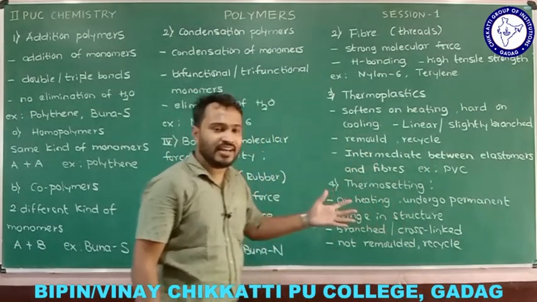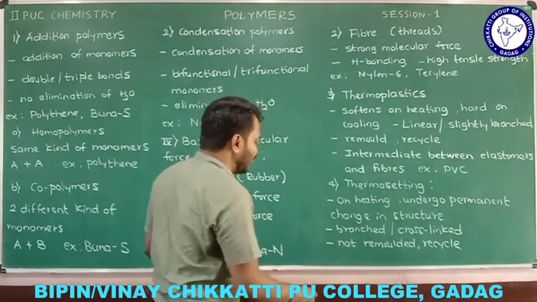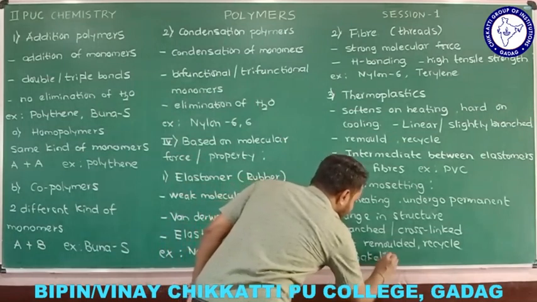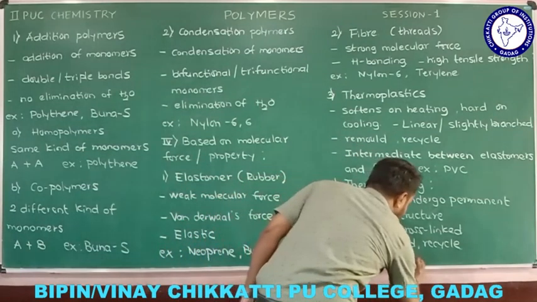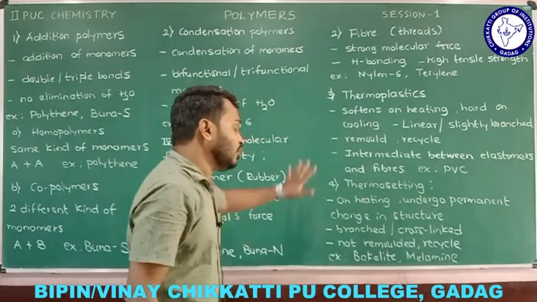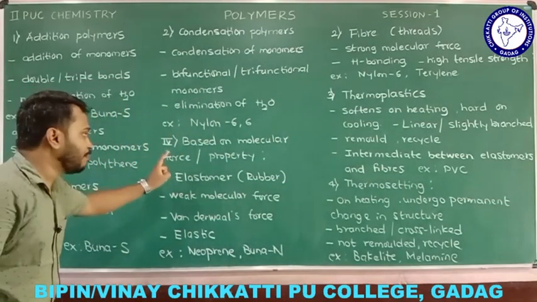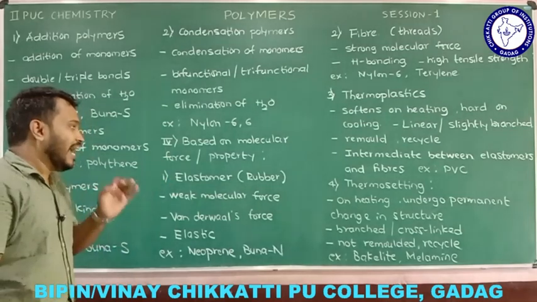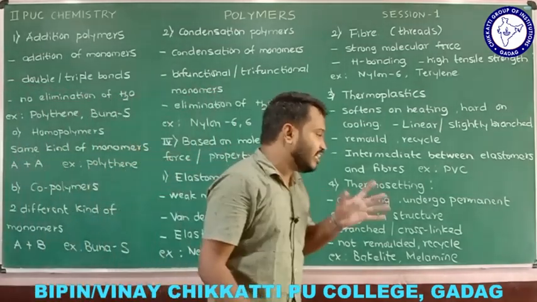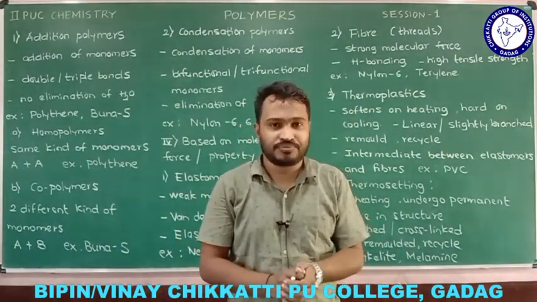Because if you heat that one, it will undergo a permanent change in the structure, and you cannot change that also. The examples I am going to write here: bakelite, and one more, melamine. These are the examples that belong to thermosetting plastics here, and that is all about the classification based on molecular force. That will be elastomer and fiber and thermoplastic, and one more will be thermosetting plastics. And this is all about the classification of polymers.